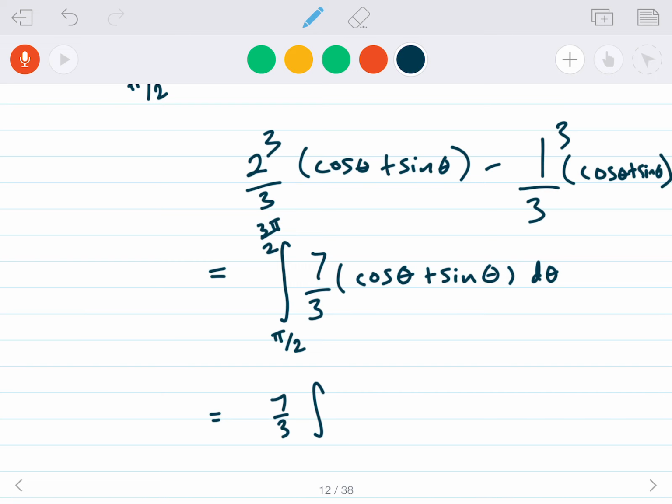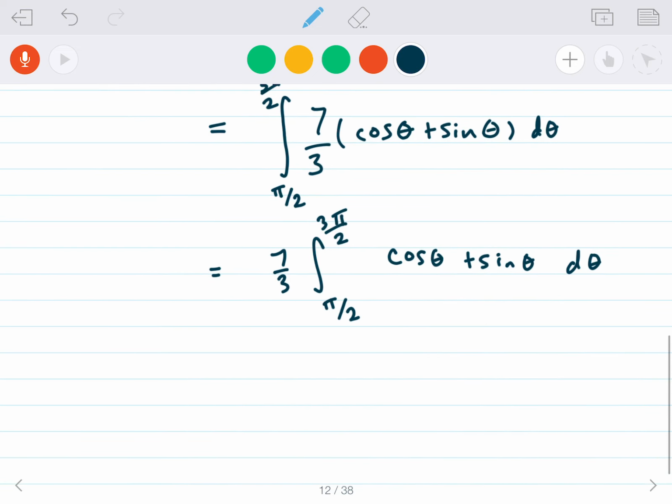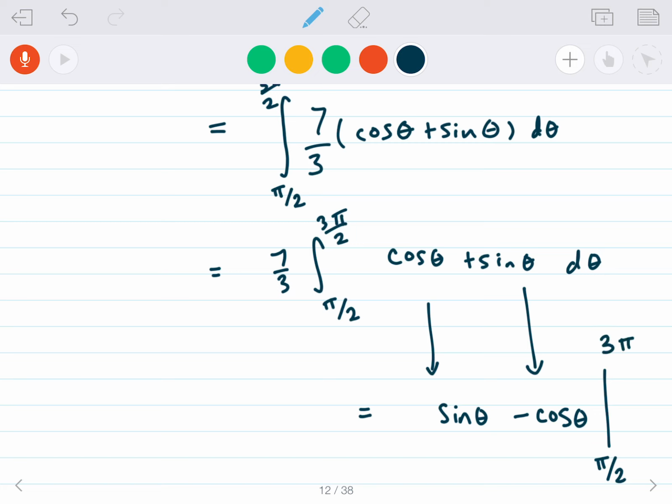If I integrate cosine, I get sine. When I integrate sine, I get negative cosine. And this is going from pi over 2 to 3 pi over 2, and I still have the 7 over 3 on the outside.